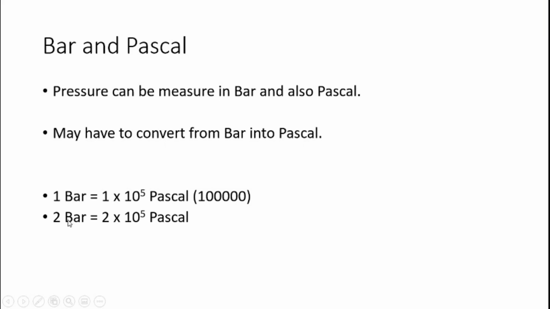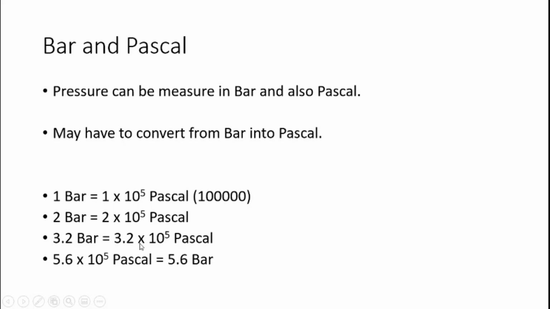So 2 bar is 2 times 10 to the 5 Pascal. 3.2 bar is 3.2 times 10 to the 5 Pascal. And 5.6 times 10 to the 5 Pascal is 5.6 bar.